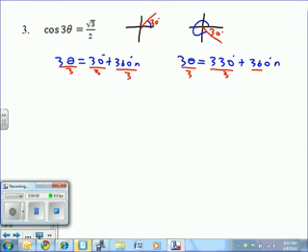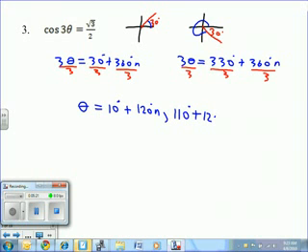And so we end up with theta equals 10 degrees plus 120n, sorry, good. And 110 degrees plus 120n.